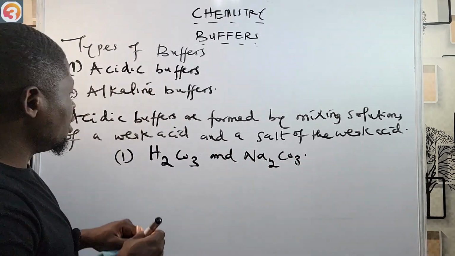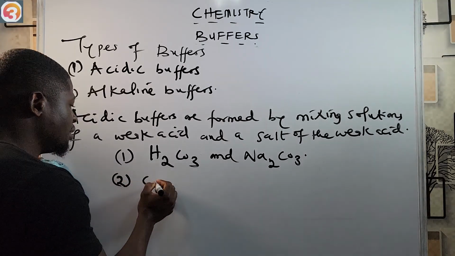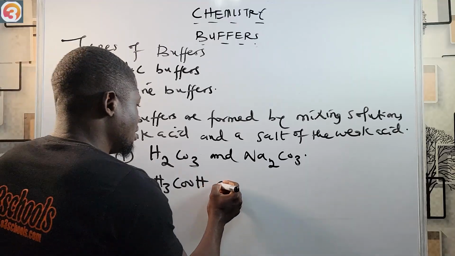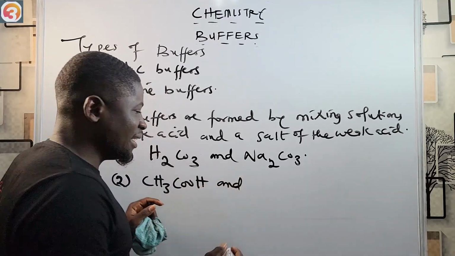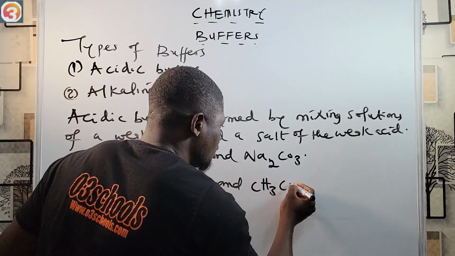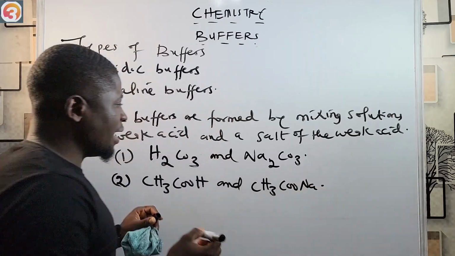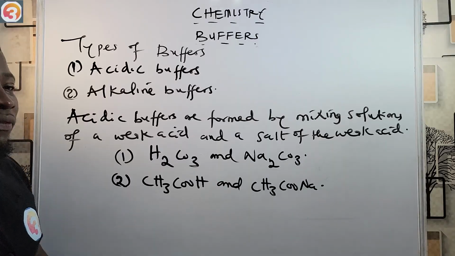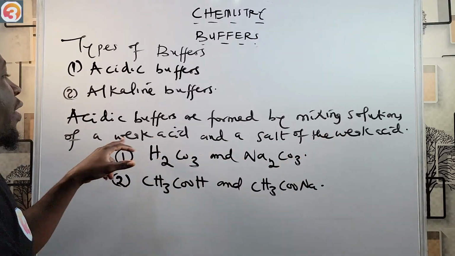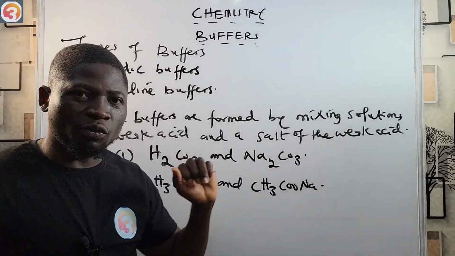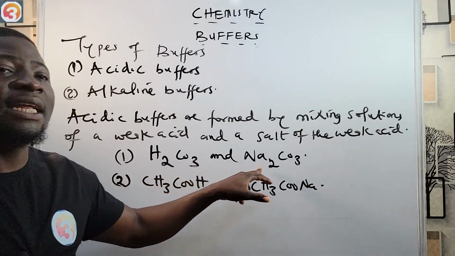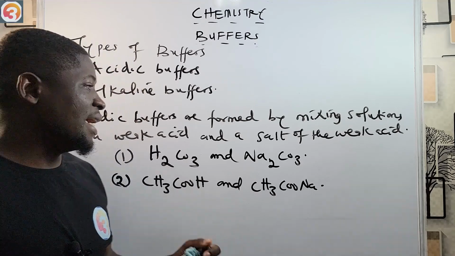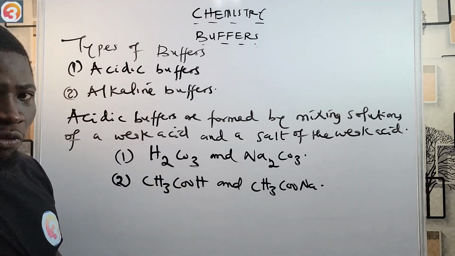Another example, of course, is CH3COOH, that's acetic acid, and a salt of acetic acid, CH3COONa. These are examples of acidic buffers. H2CO3 and Na2CO3, CH3COOH and CH3COONa. These are acidic buffers.